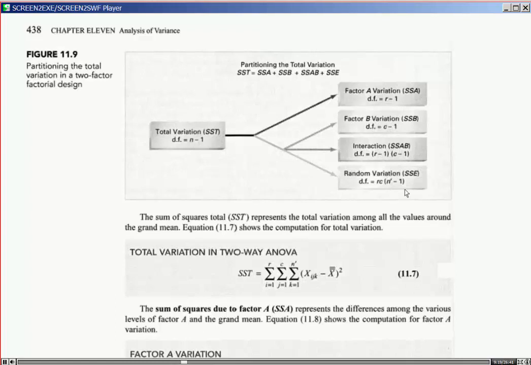This is something that is usually called non-systemic. This error can hopefully be controlled. The sum of squares total, SST, represents the total variation among all the values around the grand mean.